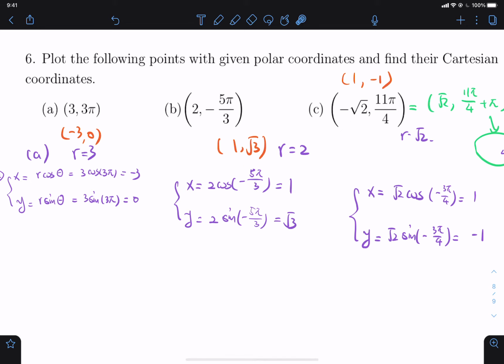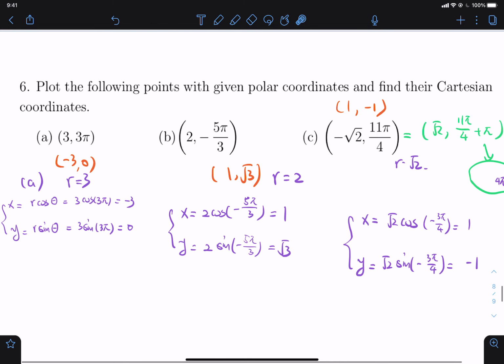Plus 2 pi, you have just pi over 3, right? And this cos pi over 3 is equal to 1 over 2, right? 1 over 2 times 2 is equal to 1. Okay, that is straightforward. And then also this sine of pi over 3, right? That is square root of 3 over 2. So this becomes square root of 3. And now this point can be converted to (1, square root of 3).